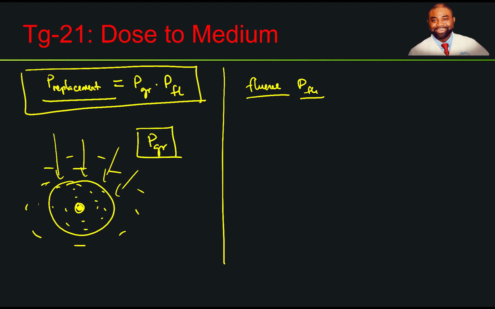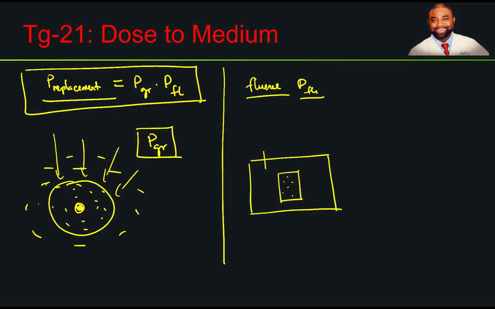Now, when we are talking about electron beams, the fluence correction factor has two competing effects. You have what we call in-scatter, and you have what we call obliquity. Now, in-scatter, let's say we have a sensitive volume here, and we're about to measure the charge inside this volume.